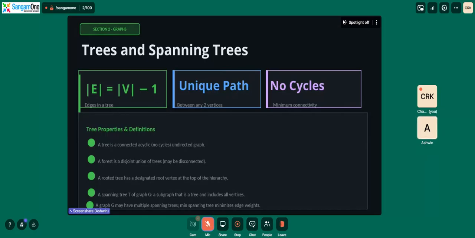Moving on to a forest, it's a disjoint union of trees, may be disconnected, because the independent trees are not connected to the same node, which we call a forest. A rooted tree has a designated root vertex at the top of the hierarchy. A forest is a collection of trees.